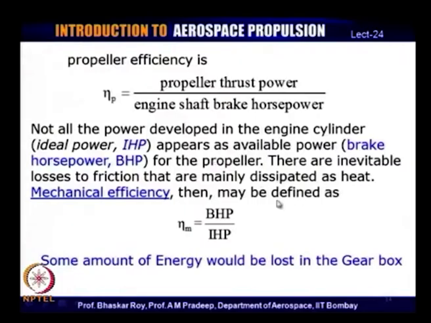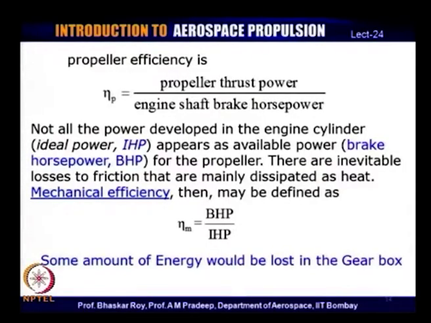Quite often the shaft operates through a gearbox. So, there is a certain amount of loss of power in the gearbox, and what is supplied to the propeller is bhp. What is created by the engine is the IHP. So, the ratio of those two is essentially referred to as the mechanical efficiency of the engine, which, as you see, is different from what we had earlier considered, the thermal efficiency of the engine, which is born out of the thermodynamic considerations.